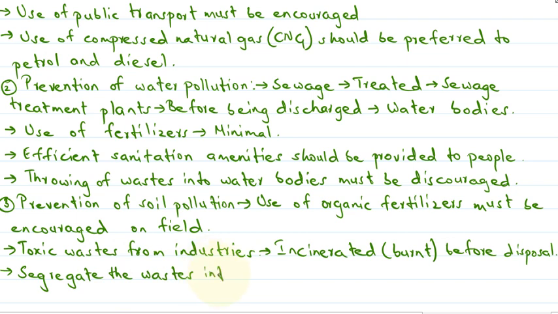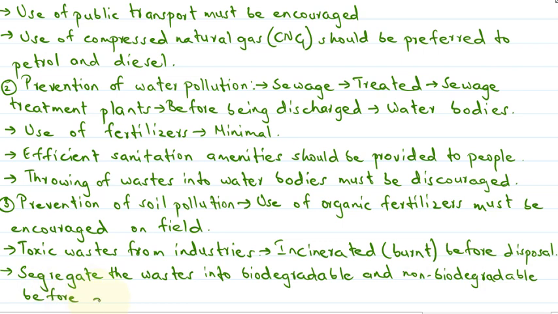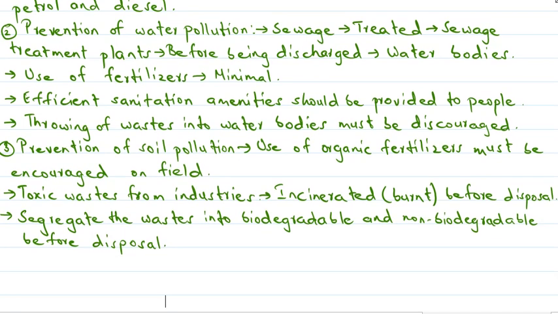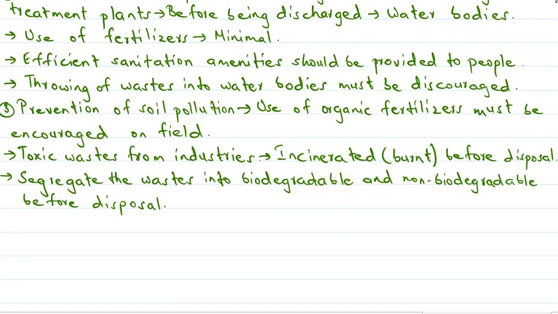Into biodegradable and non biodegradable before their disposal. So waste must be first segregated into biodegradable waste and non biodegradable waste before disposing them.